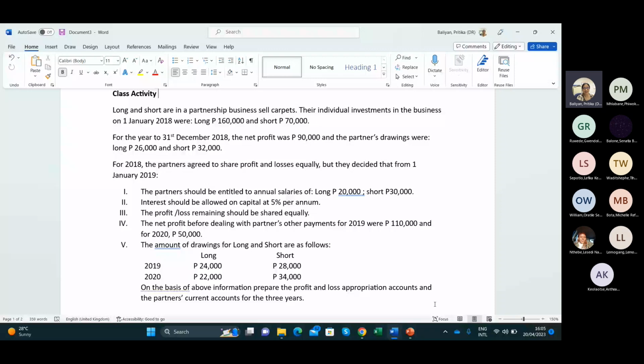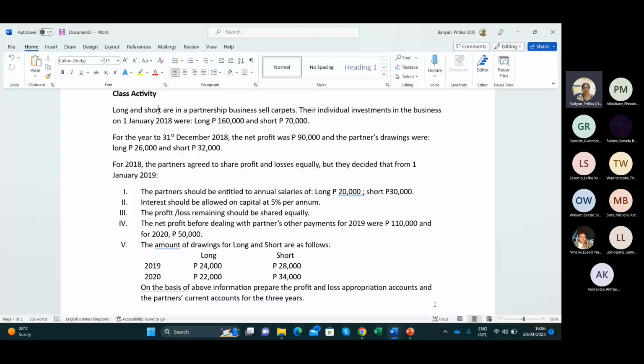Okay, so we can make a vertical format. We always start with the amount of net profit. You have to prepare the profit and loss appropriation account for 3 years. So first, which year will we begin? 2018, right?